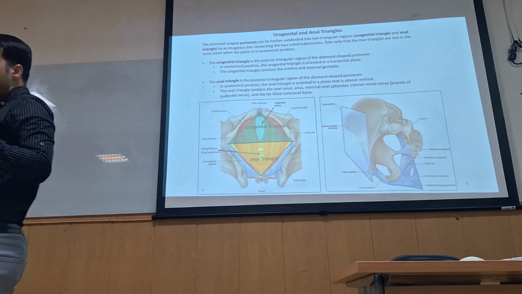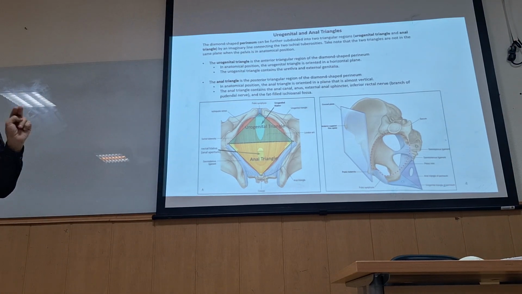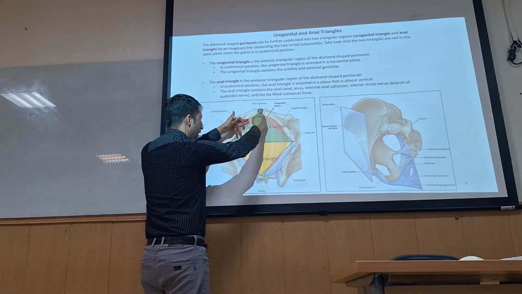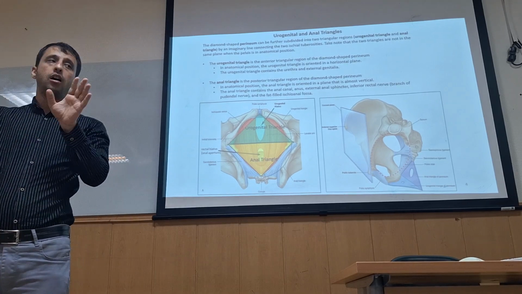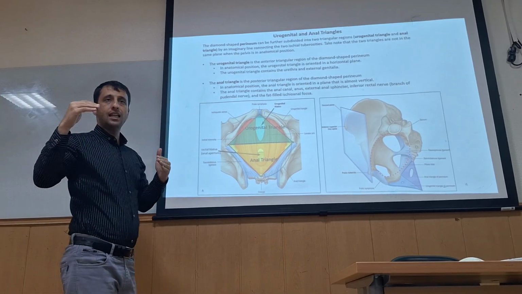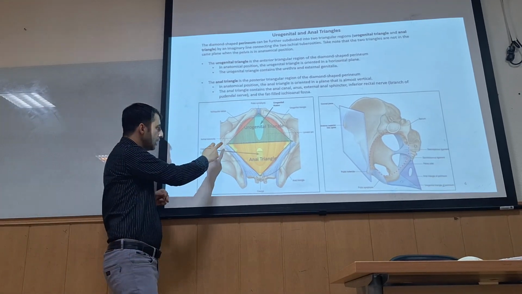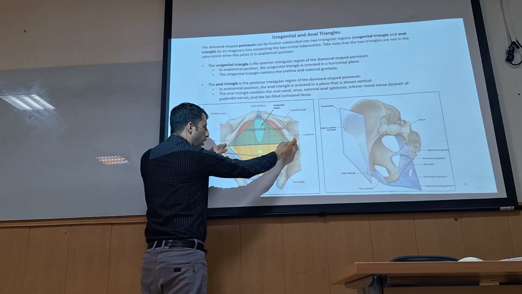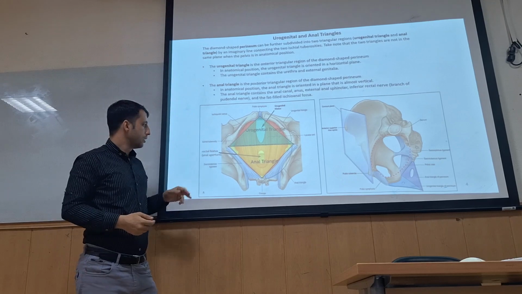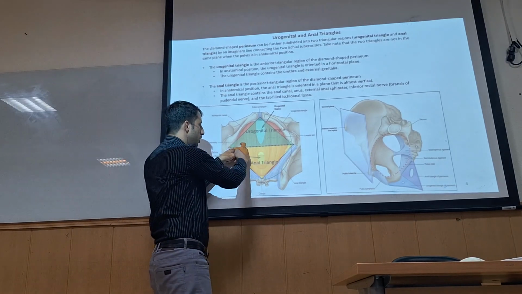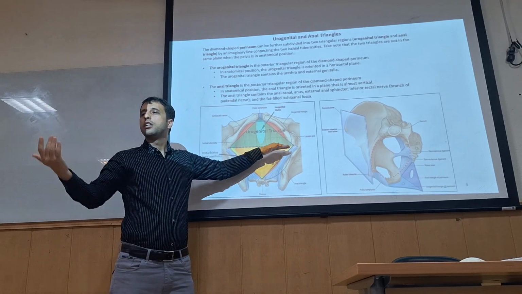I divide the perineum into two triangles. Look at here: anterior triangle, posterior triangle. These two triangles are created by an imaginary line which connects the medial parts of the ischial tuberosities together, and I named it the interischial line.